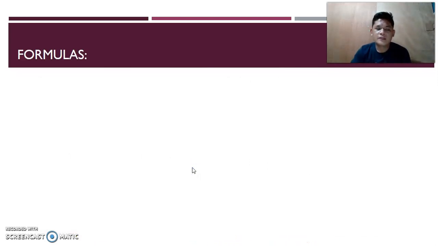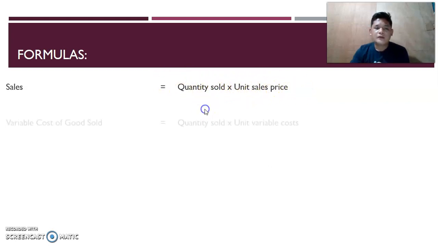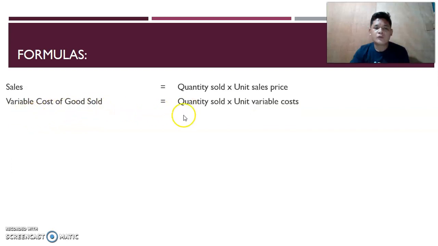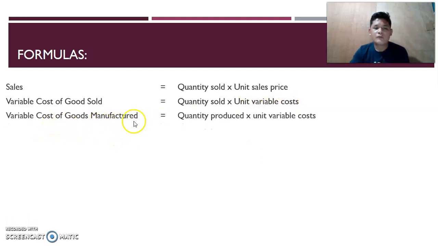So, first, this will be the formula. Sales. How to get for the sales? So, madali lang. Napag-aralan na natin ito on your CVP analysis. Magkano yung nabenta mo, quantity sold, magkano yung presyo. Variable cost of goods sold: magkano yung nabenta mo, magkano naman yung unit variable costs. Next, variable cost of goods manufactured, that will be quantity produced.